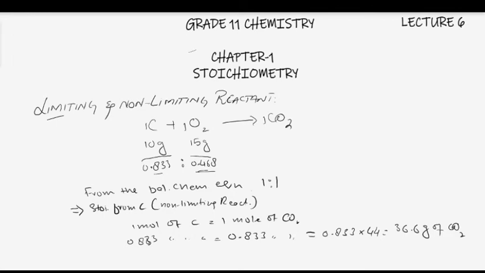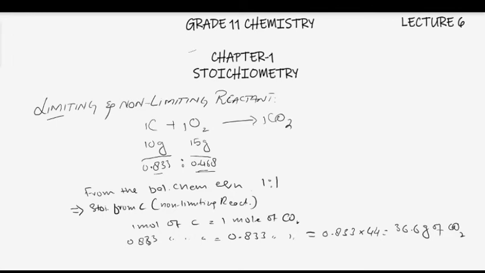And to produce 36.6 grams of carbon dioxide, these 0.833 moles of carbon have to react with 0.833 moles of oxygen, which are actually not present there because we have 0.468 moles of oxygen, not 0.833. So practically, the formation of 36.6 grams of carbon dioxide is not possible.